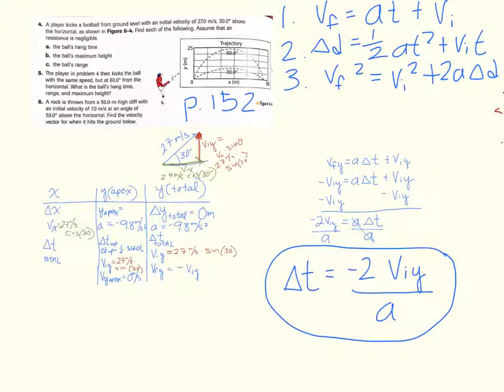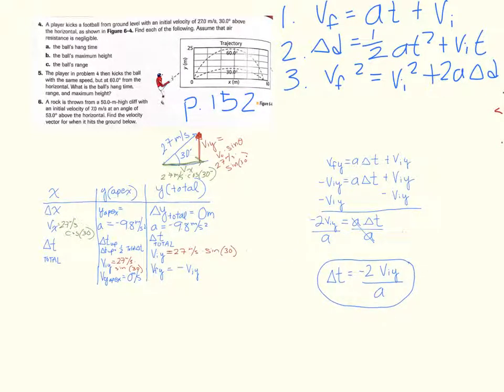If you want to know more about why that will work, you can definitely come and talk to me and ask more questions. So now to solve for time, all I've got to do is plug in my information into this equation.